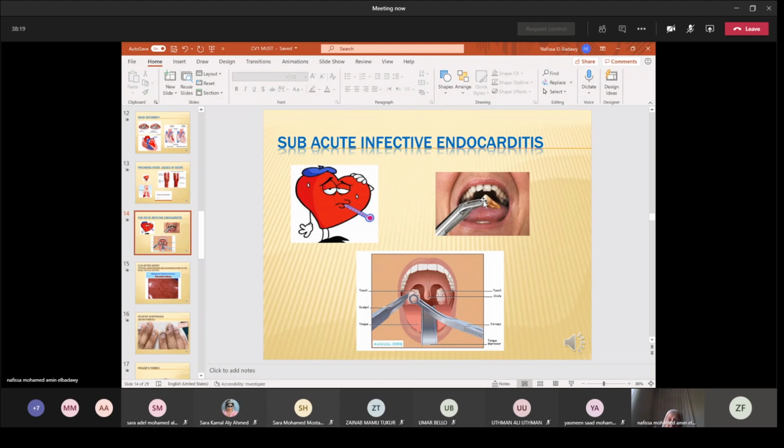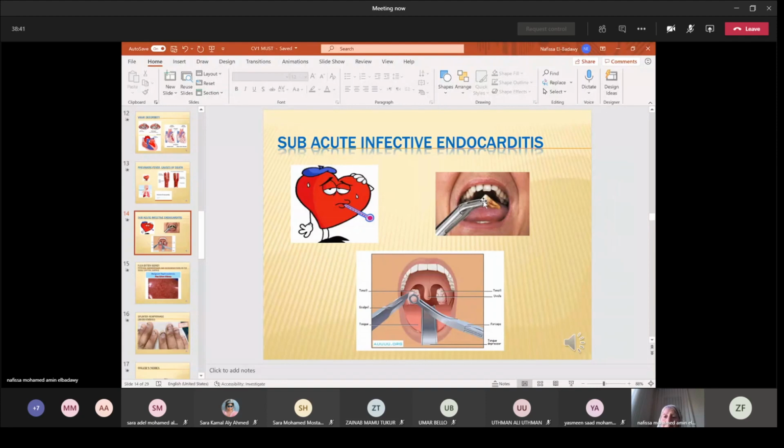They can be detached and cause embolism. They are loosely attached to the valve. So embolism is the characteristic complication of infective endocarditis, whether subacute or acute.